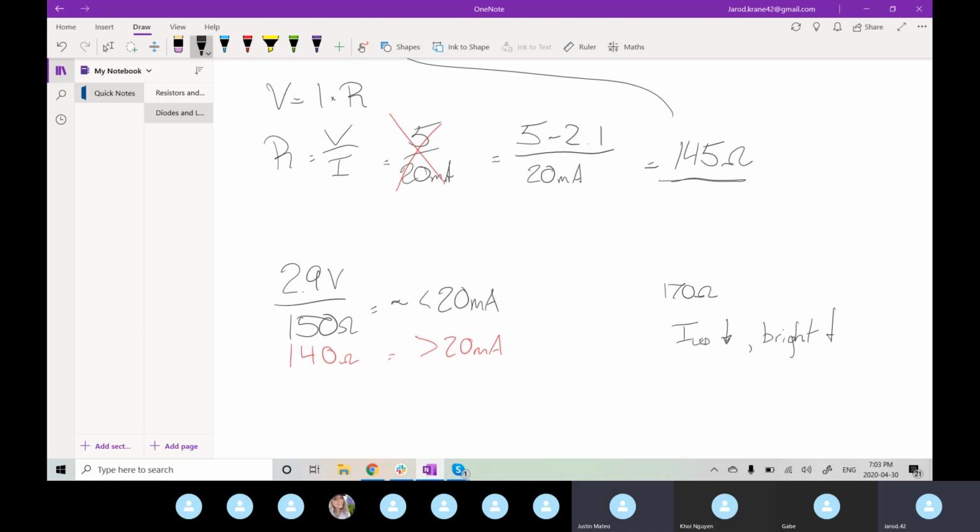So it'll definitely be able to last, and it'll be a little more stable. It'll be able to withstand minor fluctuations in your input voltage, but you lose some light intensity.